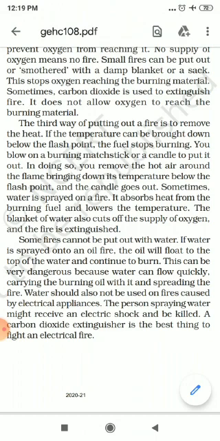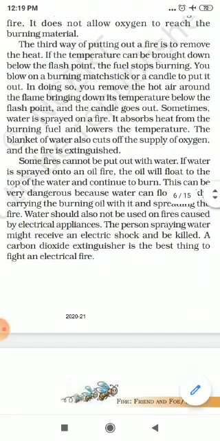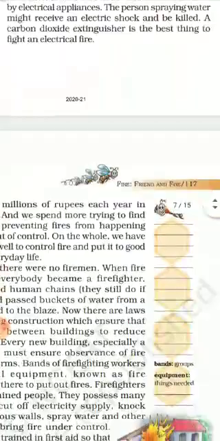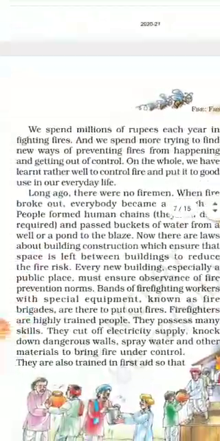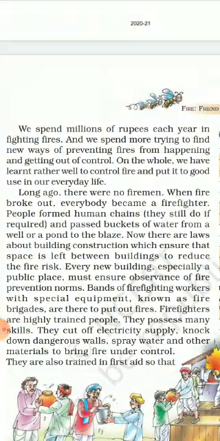A carbon dioxide extinguisher is the best thing to fight an electrical fire. If electrical things catch fire, then a spray of carbon dioxide will surely help.